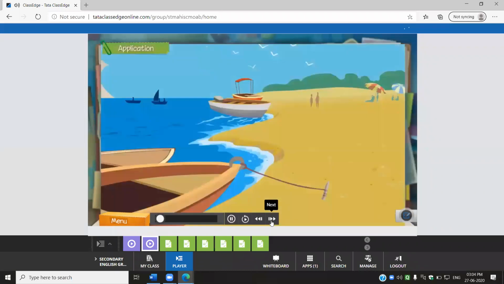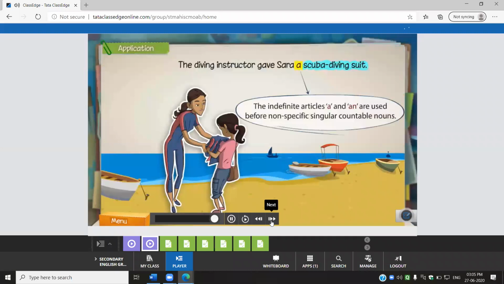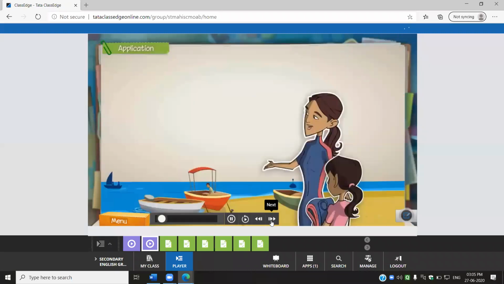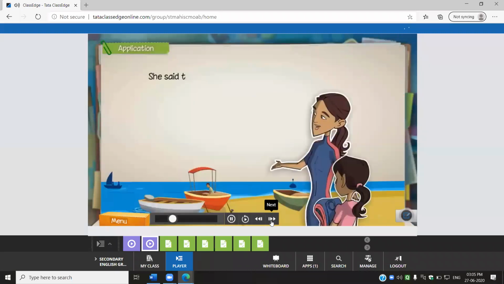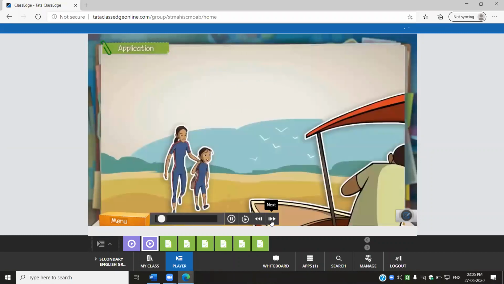Let's see how a, an, and the are used in everyday conversations. The diving instructor gave Sarah a scuba diving suit. She said that the boat would be leaving in 10 minutes. Sarah put on the suit and made her way towards the water.